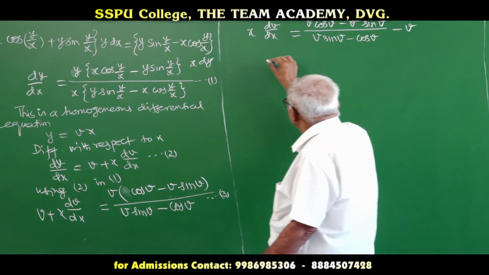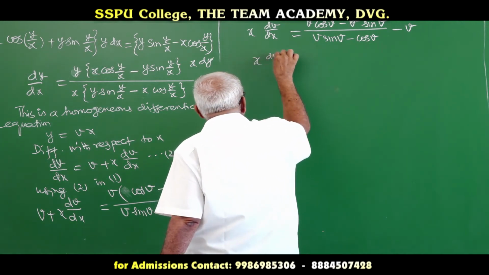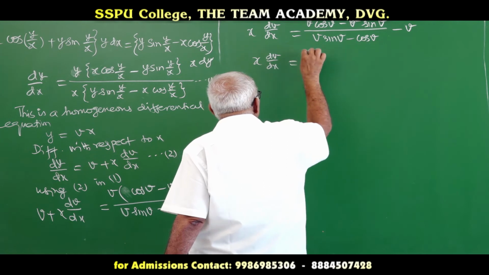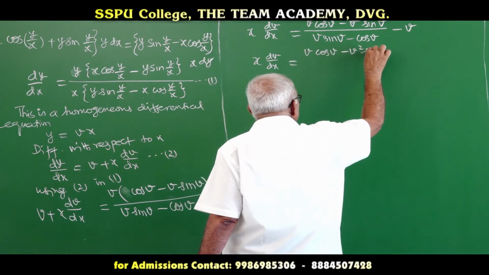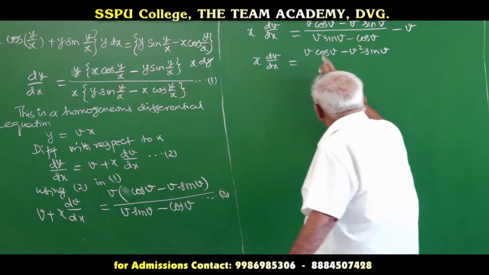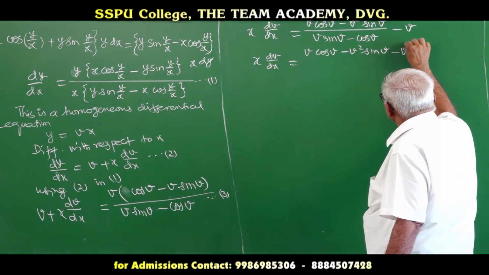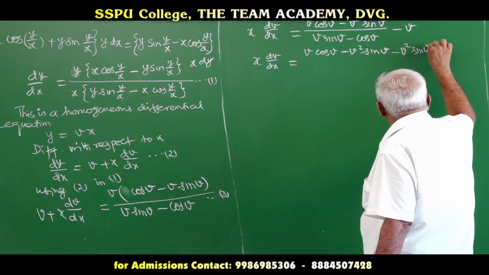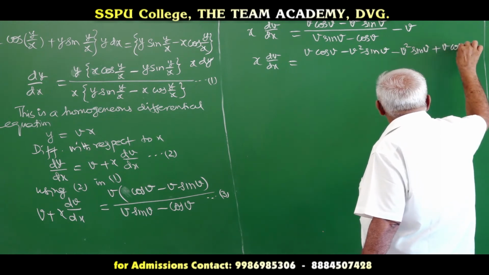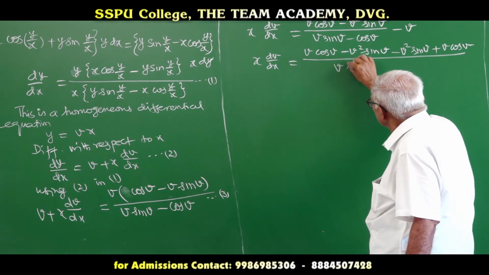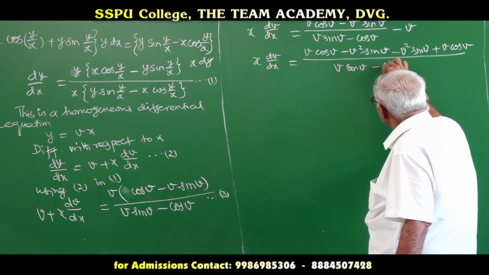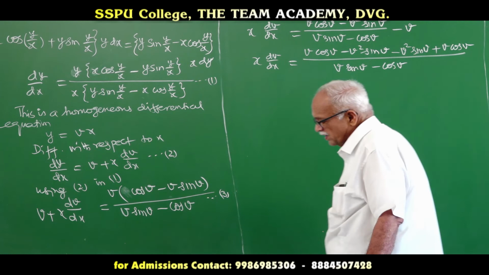Now x into dv by dx is equal to v cos v minus v square sin v, you multiply this, v square sin v plus v cos v divided by v sin v minus cos v.